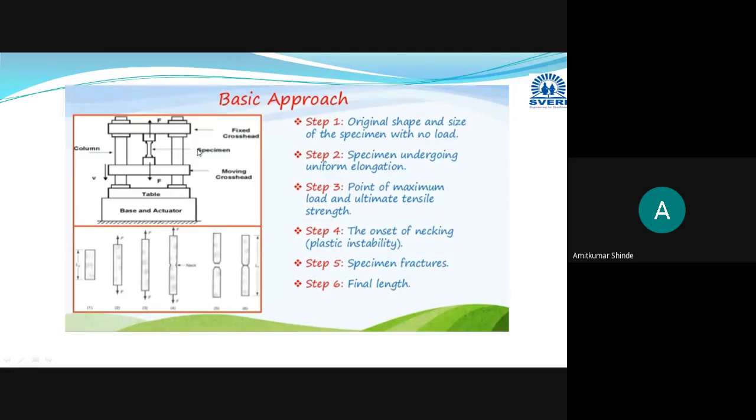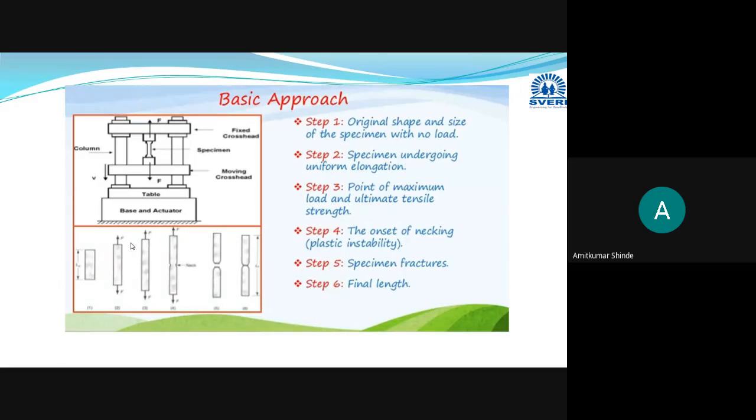These are the supporting columns, and with the help of the fixed and moving crosshead, we are going to apply the load. In the first stage, you prepare the specimen and fix it in this universal testing machine. Then in the second stage, we gradually apply the load.